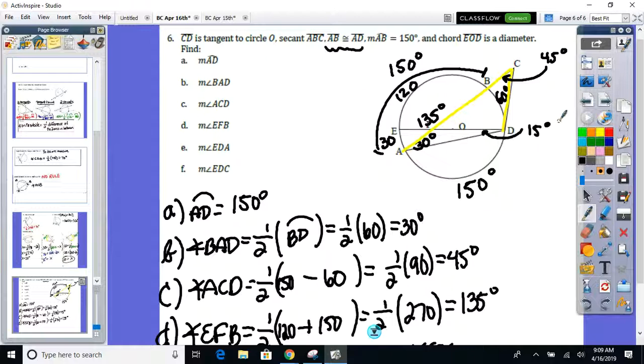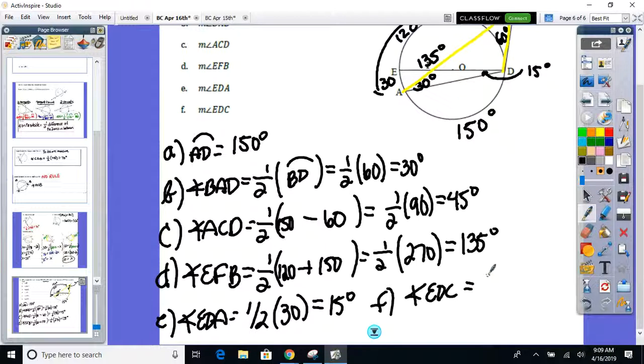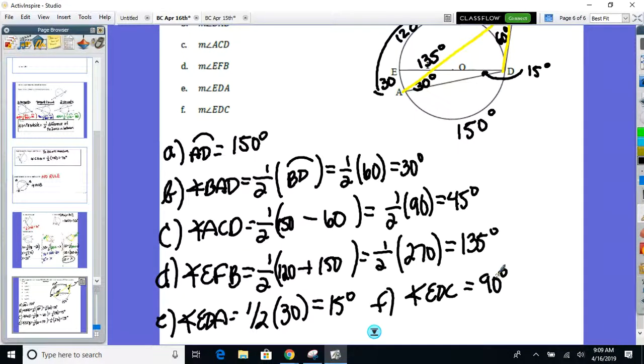A tangent and a chord. What was the rule? Half its arc. And what's its arc? 180. So I could take half of 180, or I could know the theorem which says what? Radius drawn to point of tangency is perpendicular, forms a right angle. So that's 90 either way. So two different ways you could get to that. Whew.